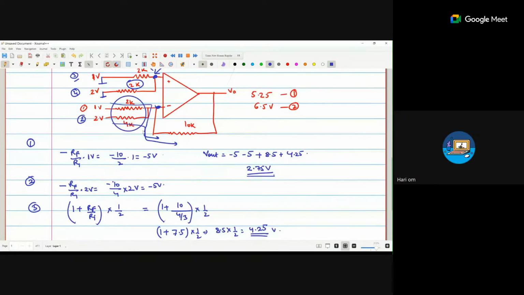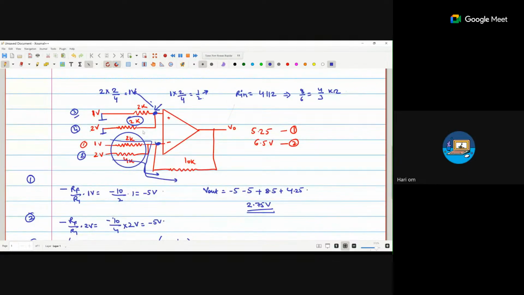So the current entering from R1, applying KCL, from this one and from this one, to find this voltage. And we can do the same for that voltage and this one also.